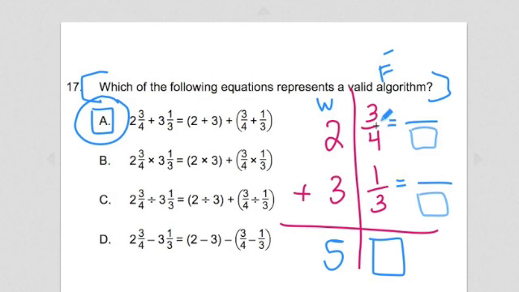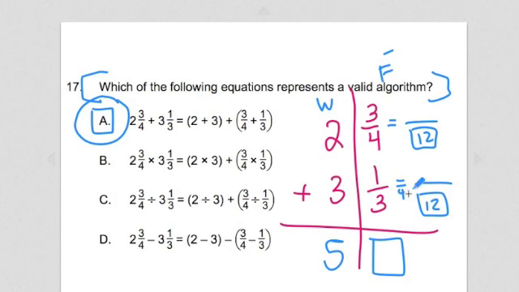I can't add 3/4 and 1/3 because the denominators are not the same. So I want to find a denominator that 4 and 3 both go into. One easy way to do that is 3 times 4, which gets you 12. Now how many times does 3 go into 12? 3 goes into 12 4 times.